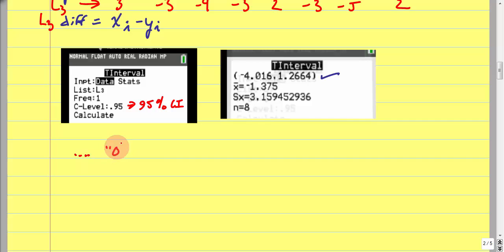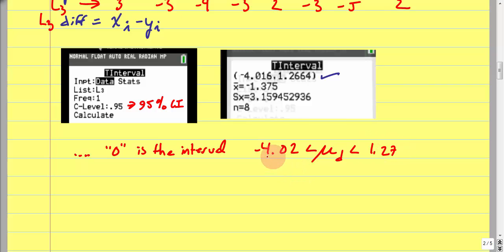First of all, 0 is in the interval, and the interval that we're looking at is, let's say, negative 4.02, and the mean of the differences is in here, to 1.27. Now because 0 is in here, that means the differences could be positive, the differences could be 0, or the differences could be negative.